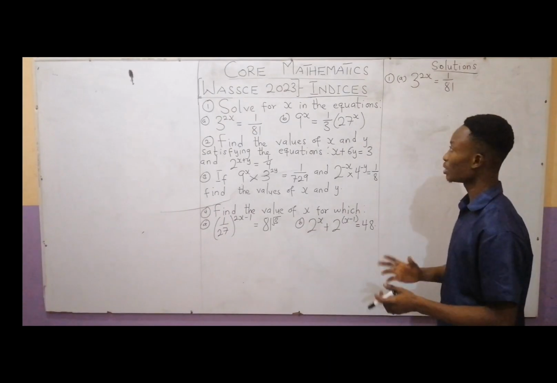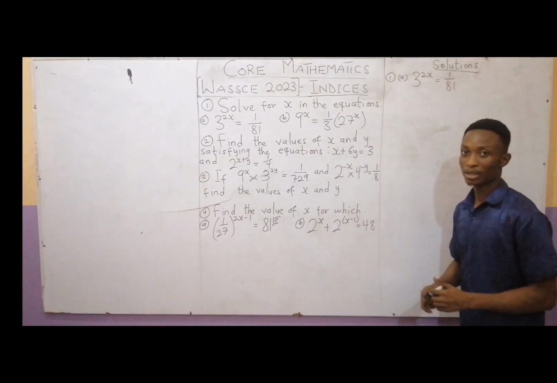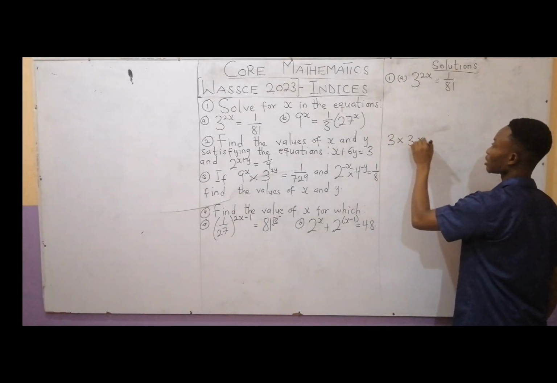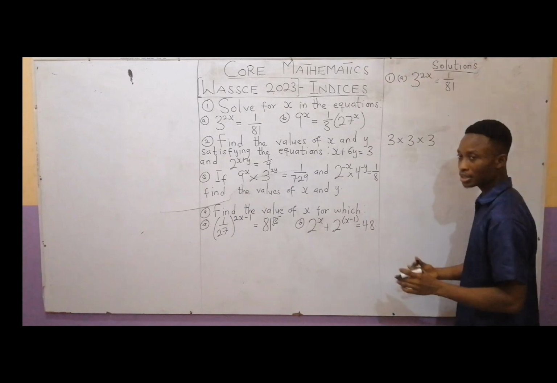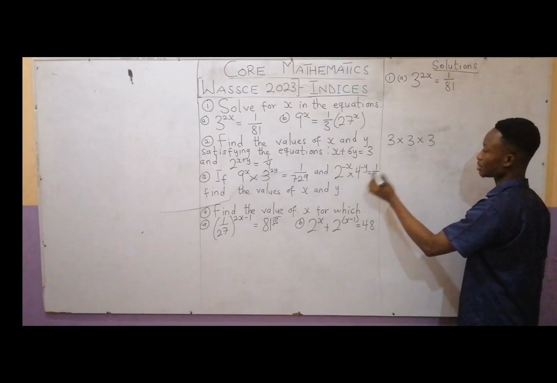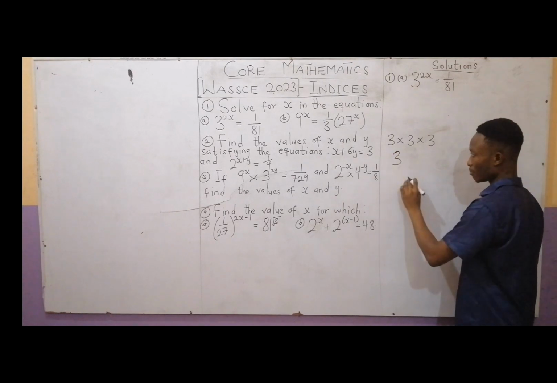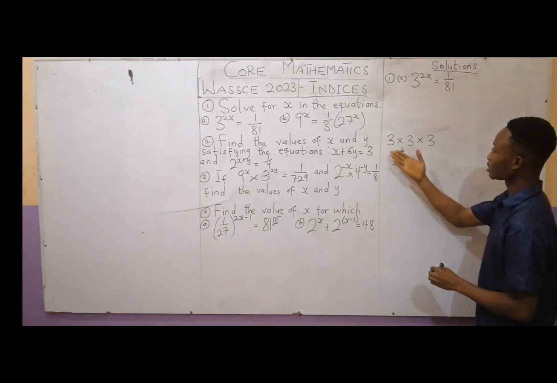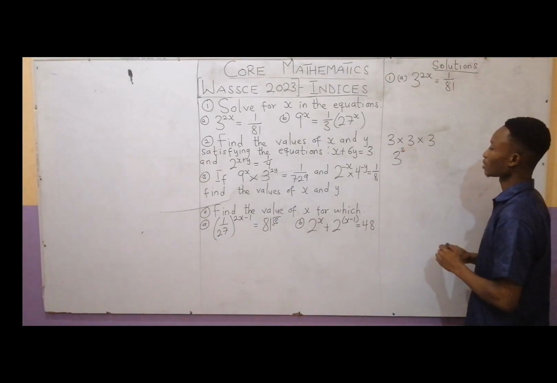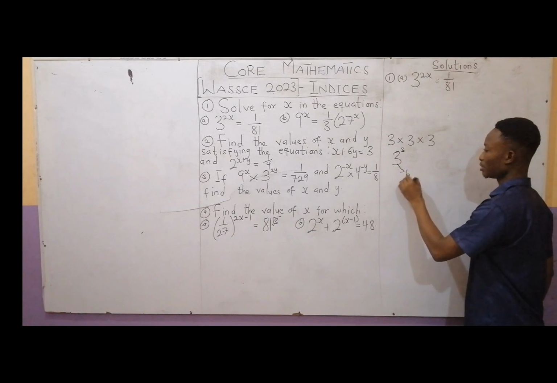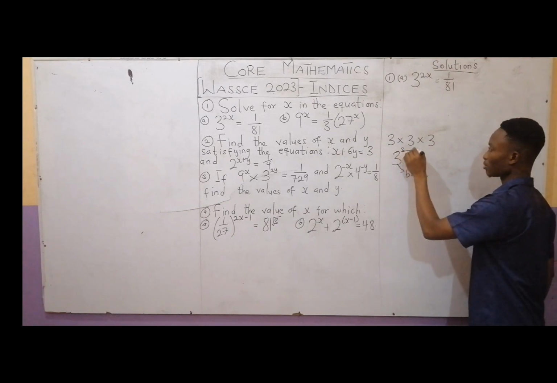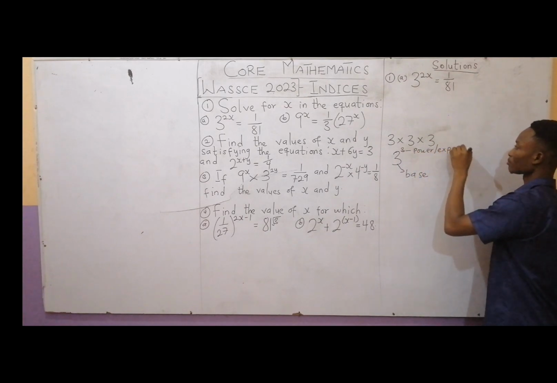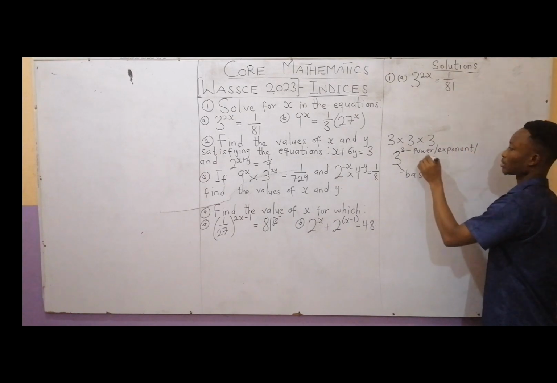Now, indices is a way of representing numbers in a very simple form. So if I have 3 times 3 times 3, indices tells me that I can represent these numbers in a simple form as a big 3 with a small 3 on top. This bigger 3 is called the base, and this is called the power or the exponent or the index.